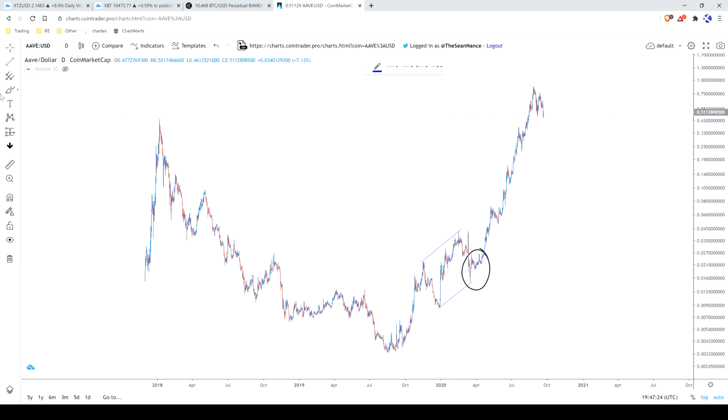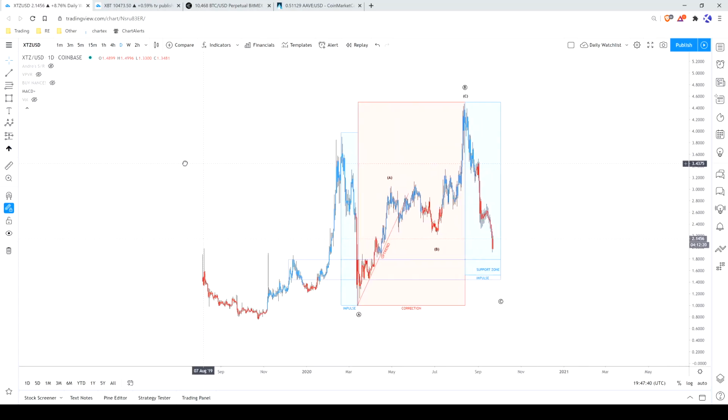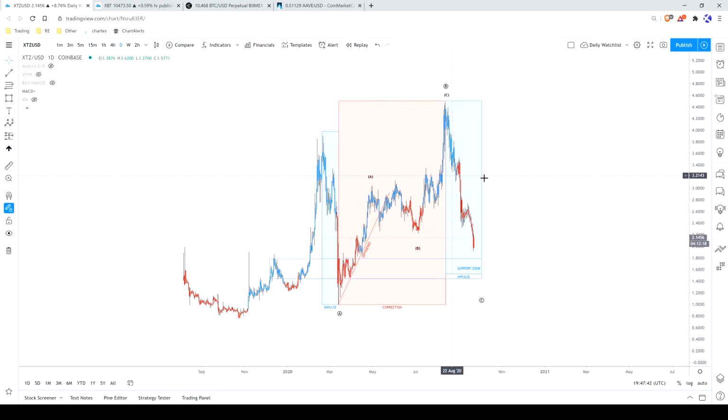You can see it came down to this area where you've got an ABC right here, and the B wave is where the C wave terminated. We're a little lower down than that, because that would be right in here, and we're lower than that. So it's not necessarily quite as bullish.